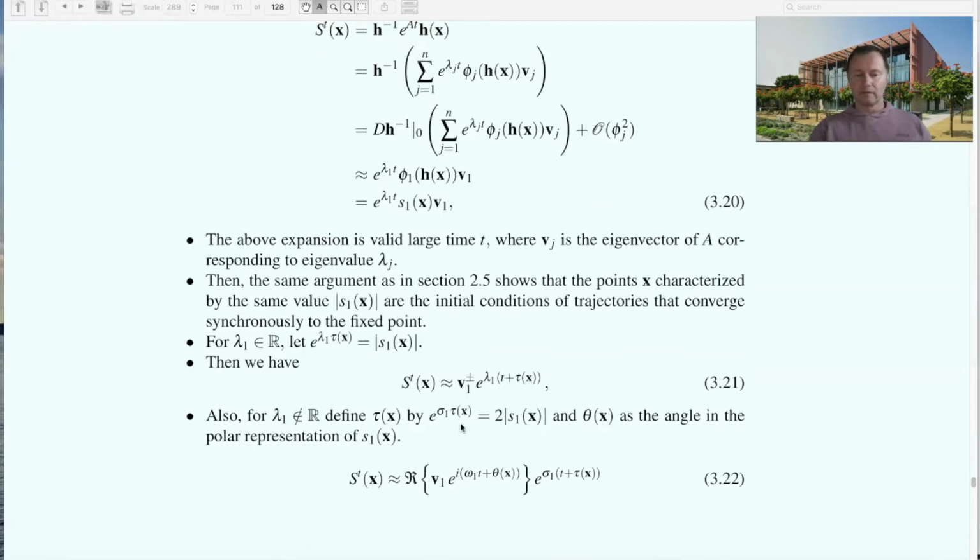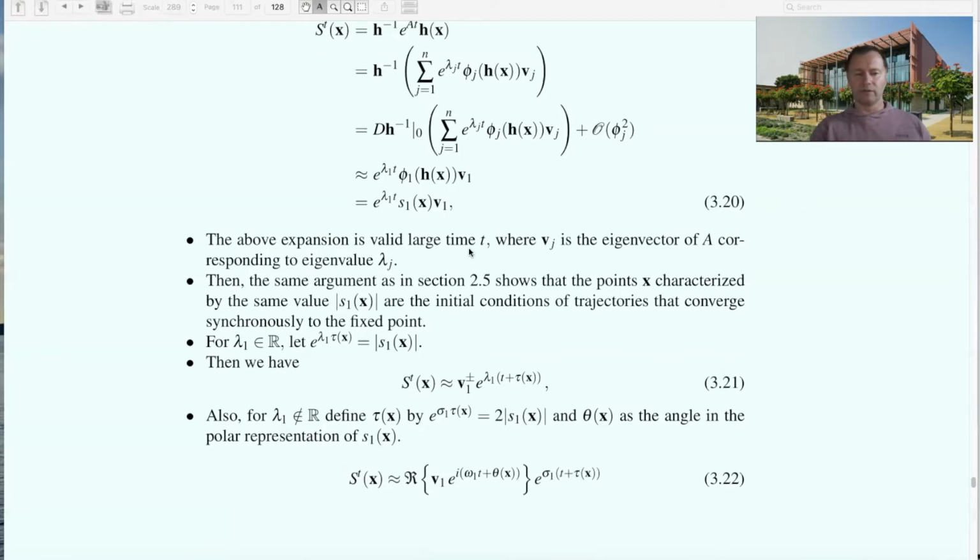Now, if lambda_1 is complex, then we define e^{sigma_1 tau} to be 2 times the absolute value of S_1 of x, and theta of x is the angle. And so we get the approximate evolution of S_t to be the real part of v_1 e^{i(omega_1 t plus theta)} e^{sigma_1 (t plus tau)}, right?